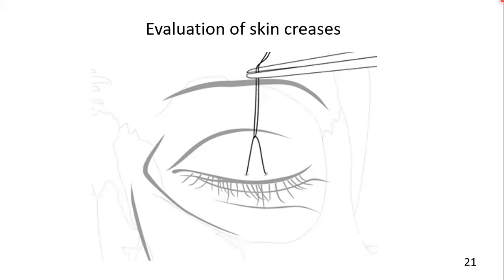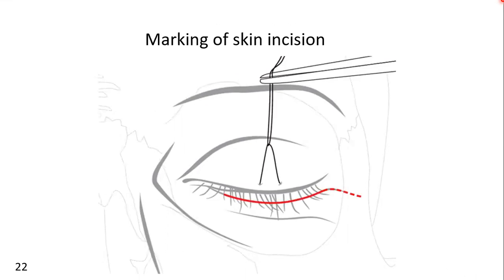If edema obscures the direction of skin creases, one may look at the contralateral eyelid to determine the direction and position of the creases. Marking of the incision line is planned just below the eyelashes, paralleling the lid margin.